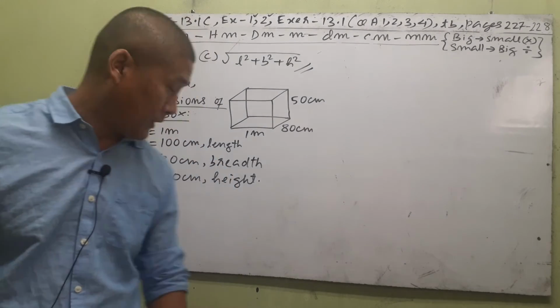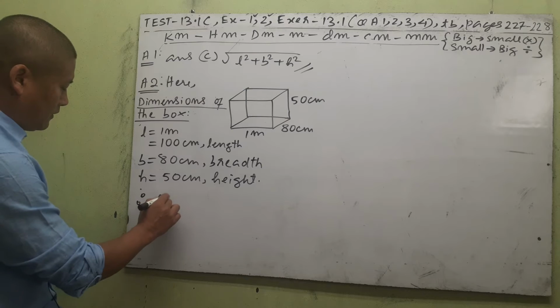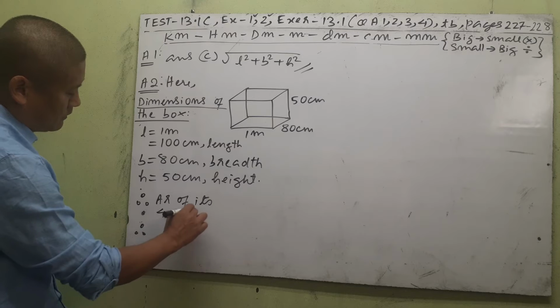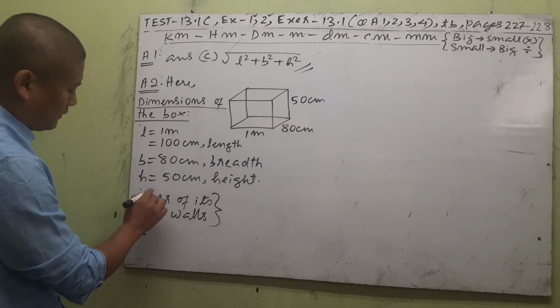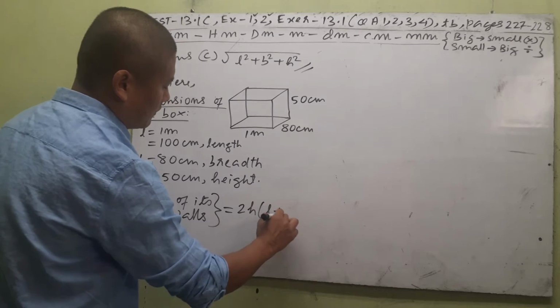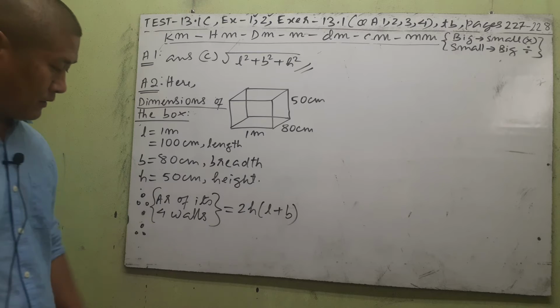The area of its 4 walls, so we can simply find out now. We know the area of 4 walls of a cuboid or a box is twice H into L plus B. We learned this formula in the first class, right?